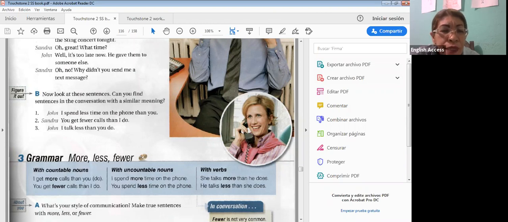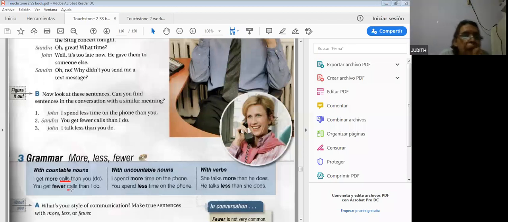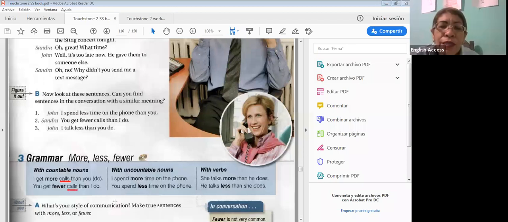Okay. Countable nouns. It says, I get more calls than you, or I get more calls than you do. You get fewer calls than I do. Pay attention to this word: calls. Calls is a countable noun because we can count the calls.